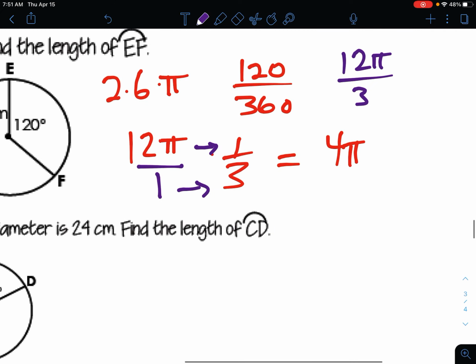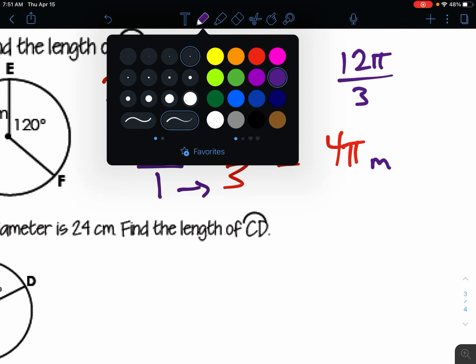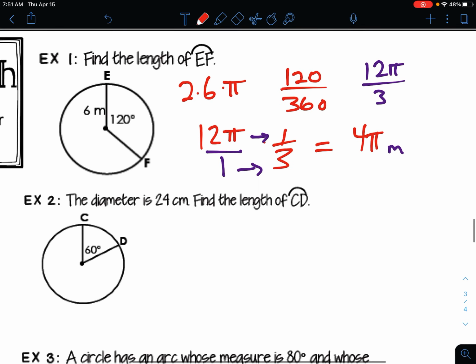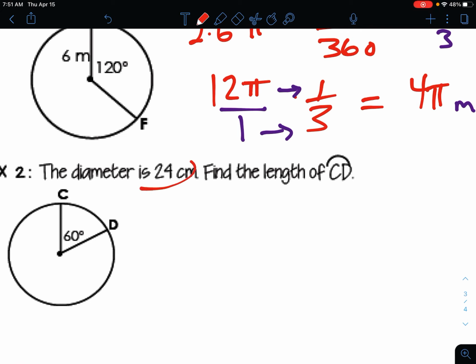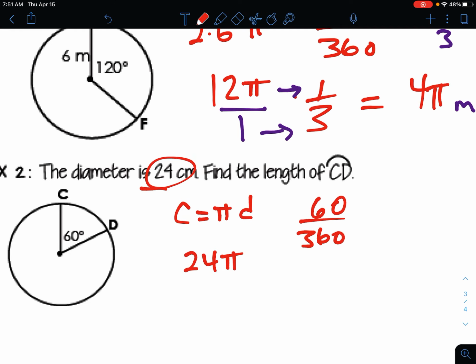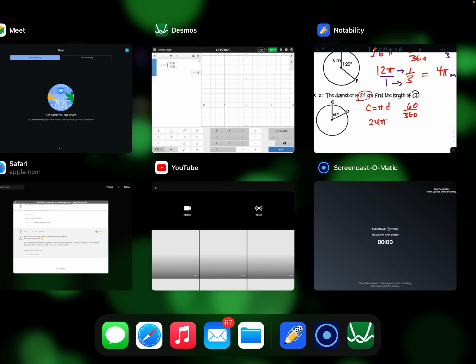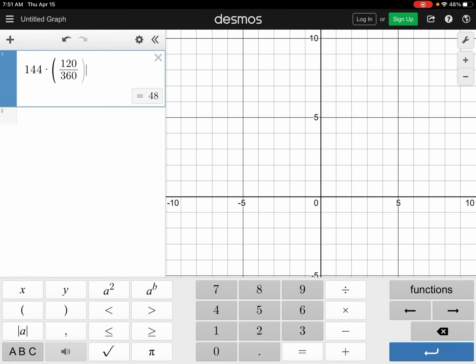I'll show you a different way to do the math on the second one here, right? Diameter is 24, so circumference is equal to pi times diameter as well. So we're going to just go 24 pi. Find our percentage, 6 over 360. If you don't want to reduce the fraction down, really what we're doing is doing a little Desmos here.